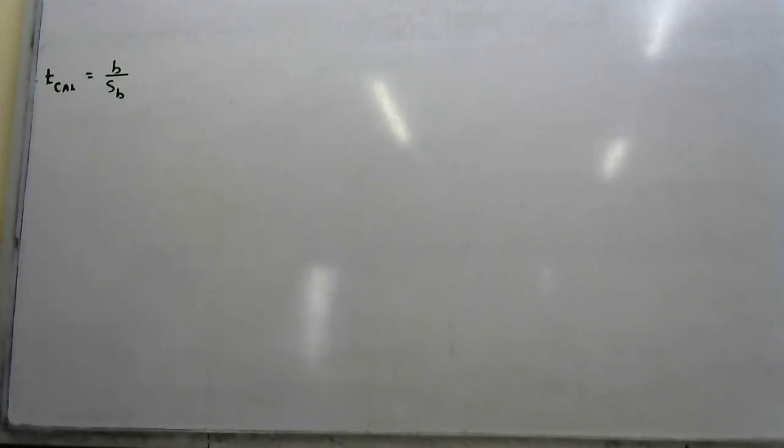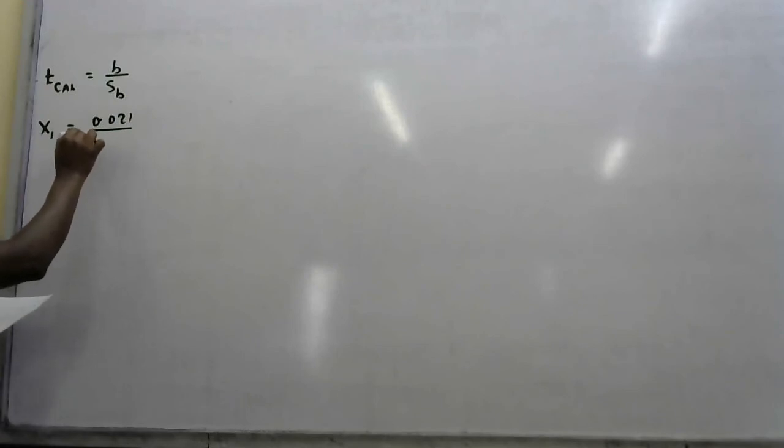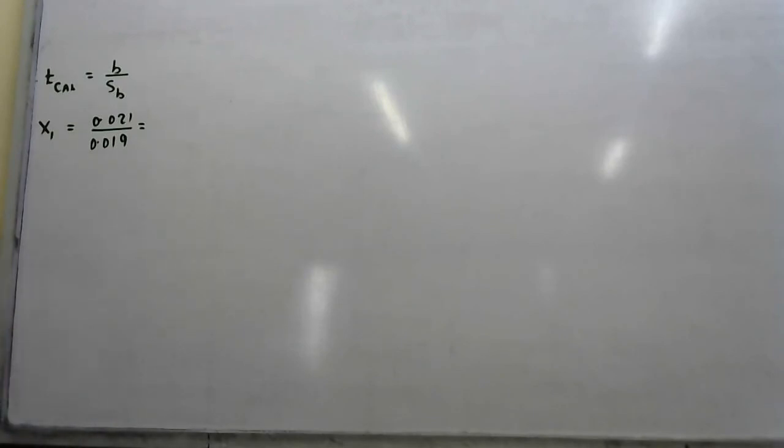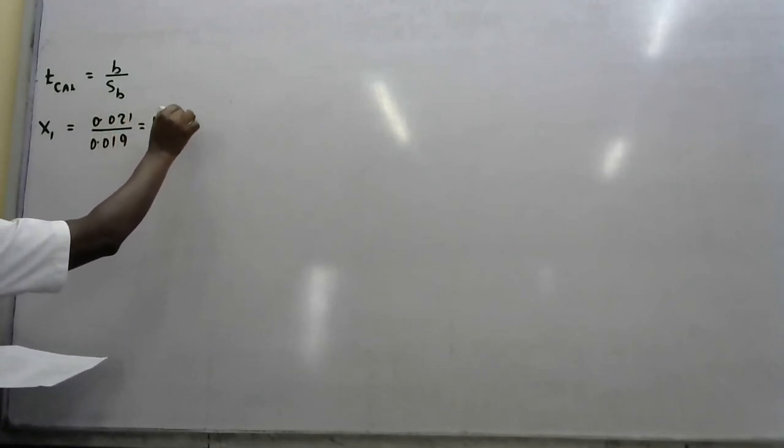So divide by the SB. For x1, it is 0.021 divided by 0.019. We need 3 decimals. 11.053.